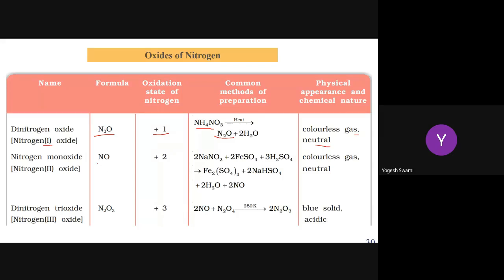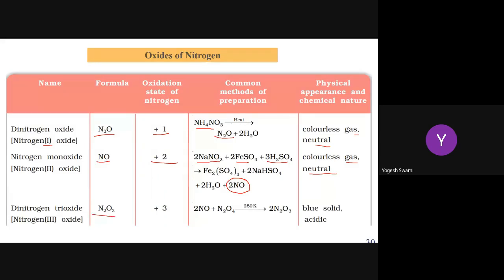Next one is NO, nitrogen monoxide. One oxygen is there, so monoxide. Oxidation state +2. How is it prepared? Sodium nitrite reacts with ferrous sulfate in presence of H2SO4. That forms nitrogen monoxide. It is also a colorless gas and neutral.